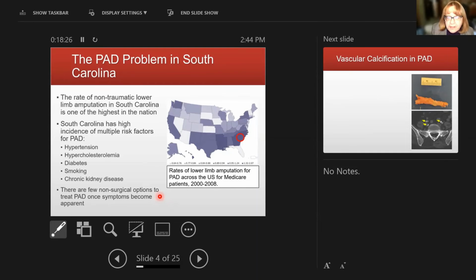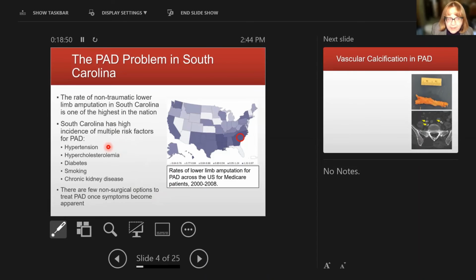But at that point in time, the disease is already well enough advanced that there are relatively few medical approaches. Now, if the patient is diagnosed early enough, the main approach to limiting the extent of the disease is to control these modifiable risk factors.